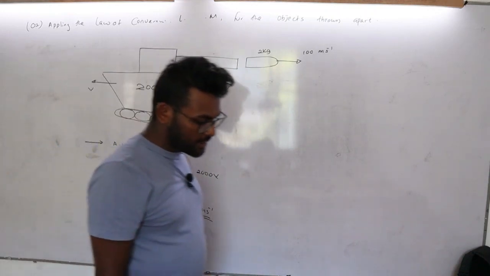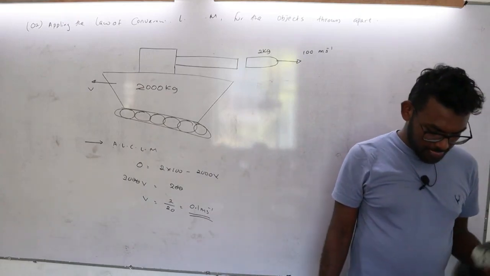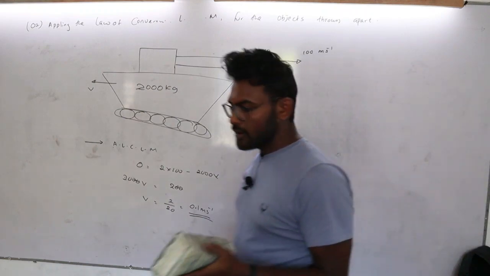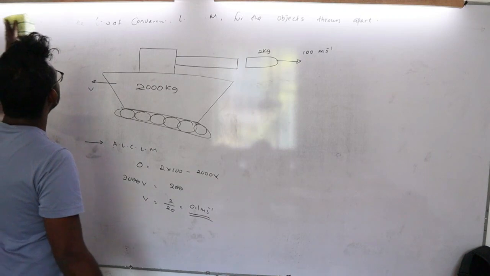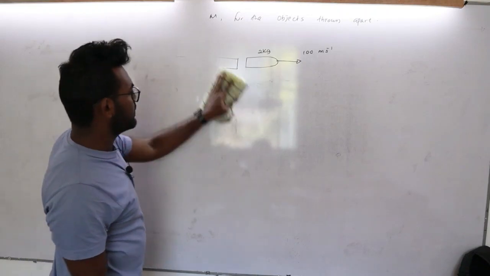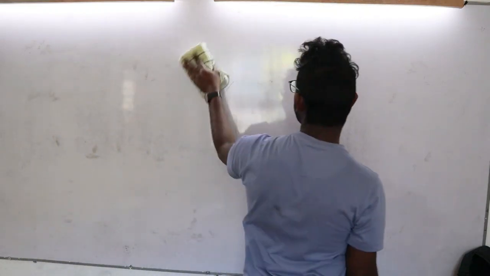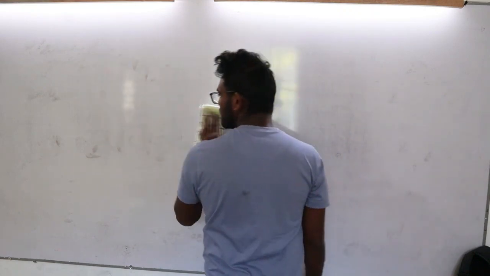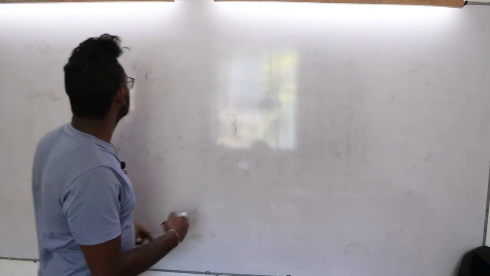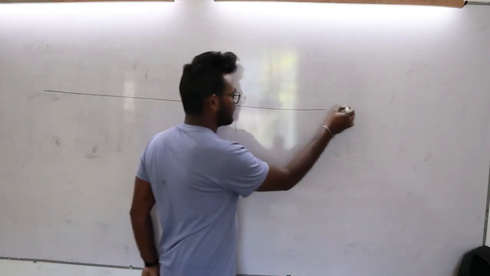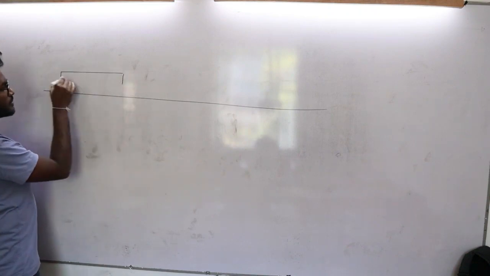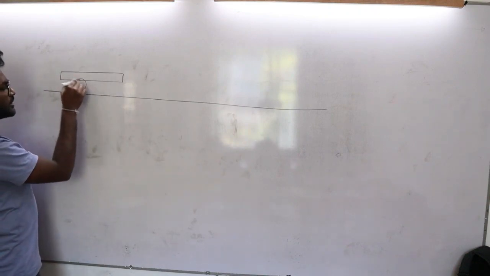The A and B, which are 20 meters away, approach each other, pulling the string.